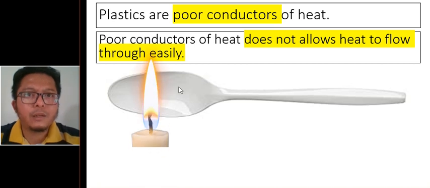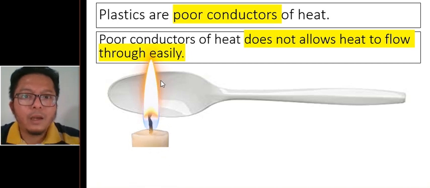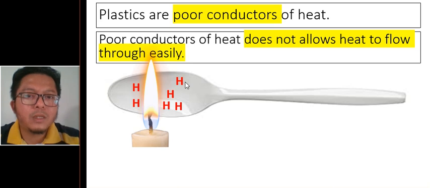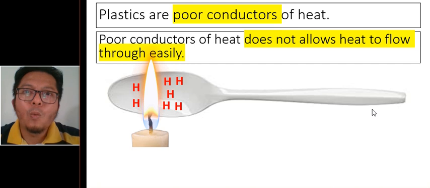When you put a candle on the end of the plastic spoon, the heat does not move easily. It stops maybe somewhere there and it burns. It does not move until the end. It's not easy to make the spoon warm all the way to the end.